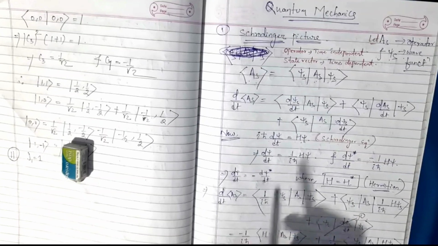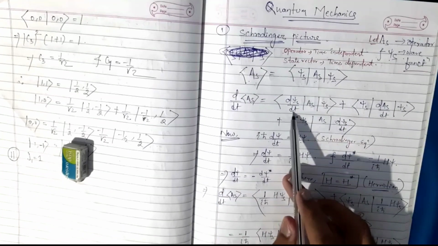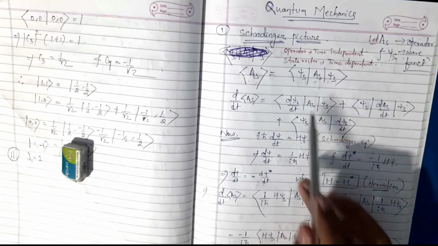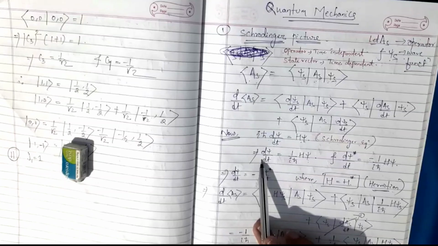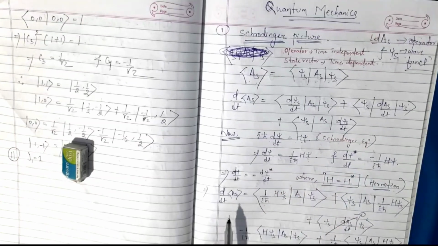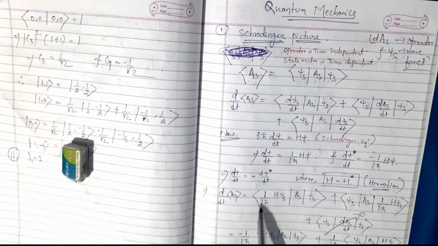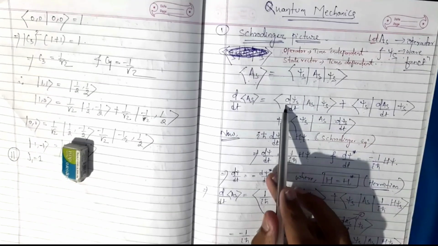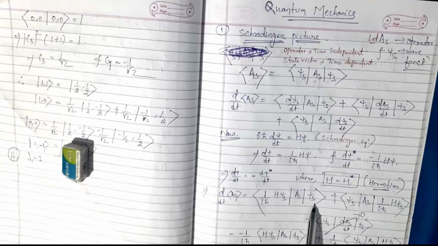Now in this equation we are using the value of d psi by dt equal to 1 by i h cross H psi. We are using the value of this derivative in this equation. Now d by dt of the expectation value of S is equal to 1 by i h cross H psi S. This is the first term, we are writing here in this way.